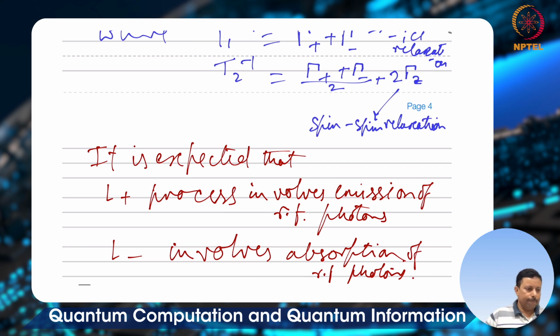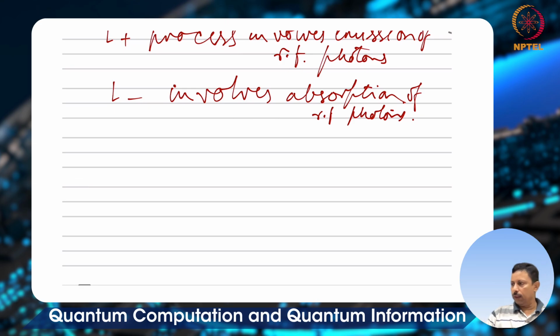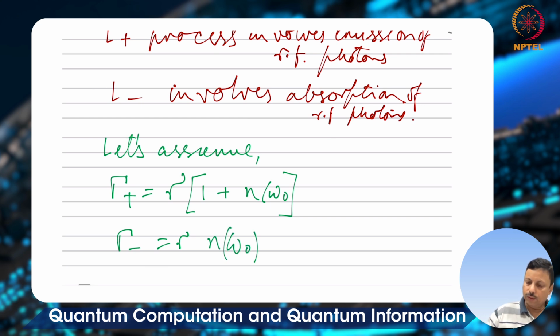Now let's assume, based on this, that gamma plus is equal to gamma times 1 plus n of omega naught, and gamma minus equal to gamma n of omega naught, where n of omega is the boson distribution, 1 over e to the power beta h bar omega minus 1, where beta is 1 over kT.